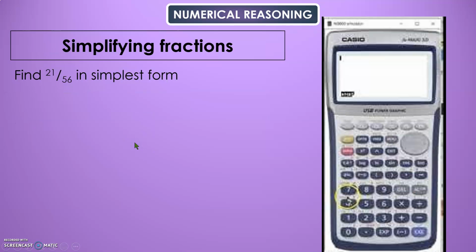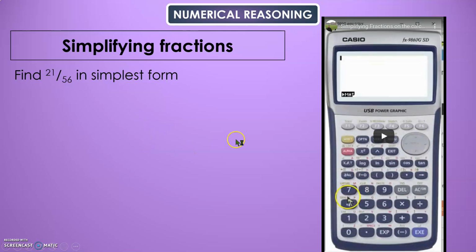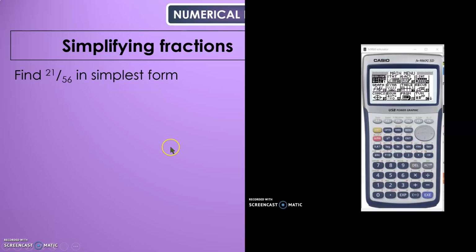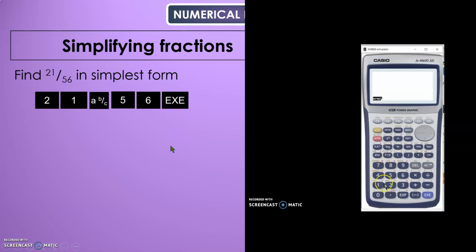If you've got the other calculator, what you need to do is go to menu, press 1 or find it, and then the keys are easy enough. So 2, 1, ABC, 56, execute, and you can see it gives you 3/8 straight away.